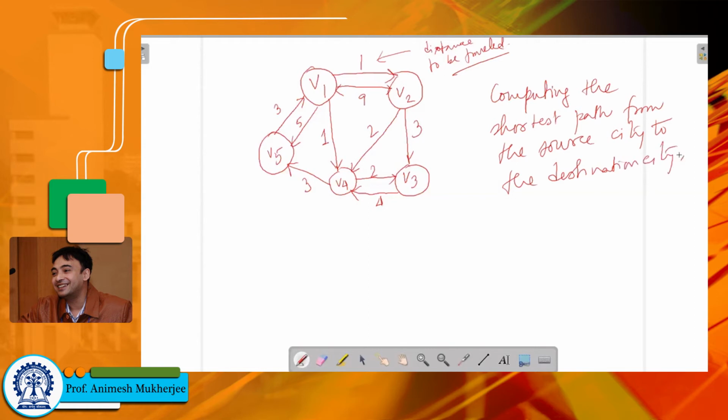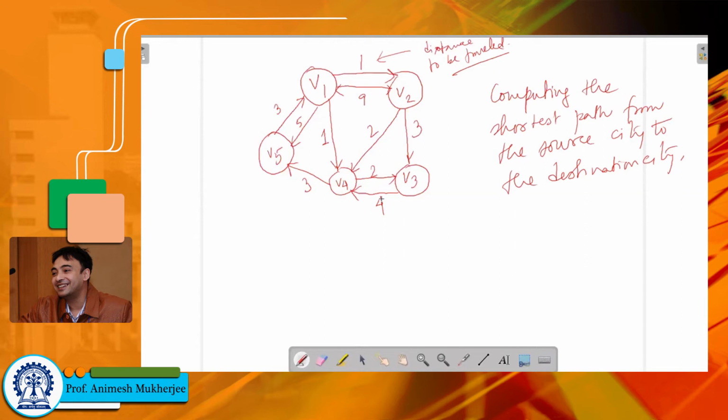So given the source and the destination city, you want to find out the shortest path between them, or the shortest flight route between the two cities. That is the problem statement.